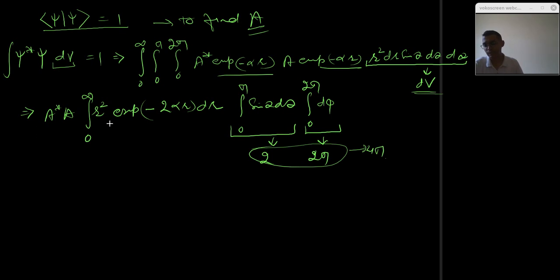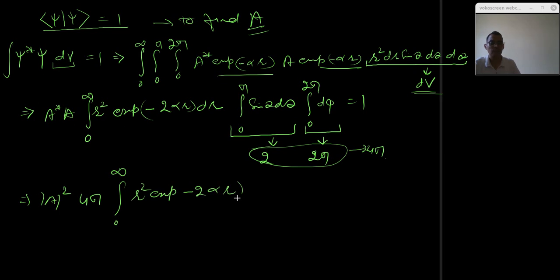So let me put down their values here. I can write this as mod A square times 4 pi times the integral from 0 to infinity of r square exponential of minus 2 alpha r dr, equal to 1.